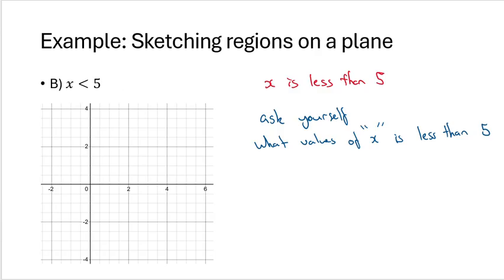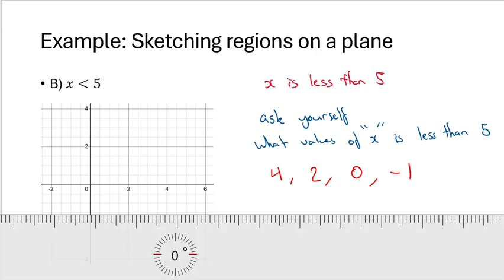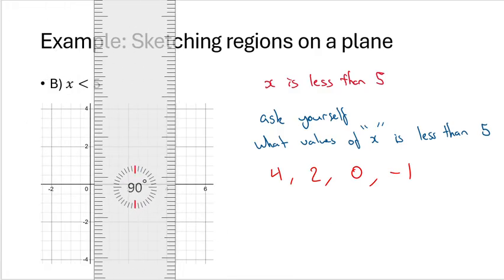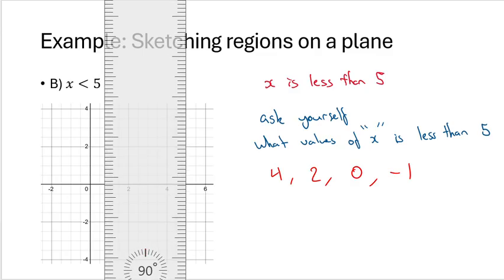This second inequality is x is less than 5. And then you ask yourself what values of x are less than 5. So you have x equals 4, 2, 0, -1, all these kinds of numbers. Okay. So first, let's start out by drawing a line at x equals 5.